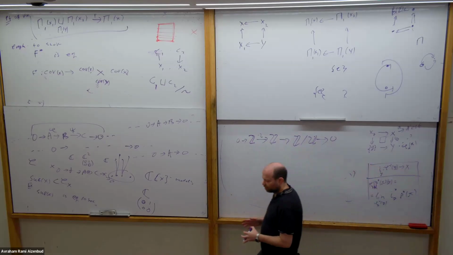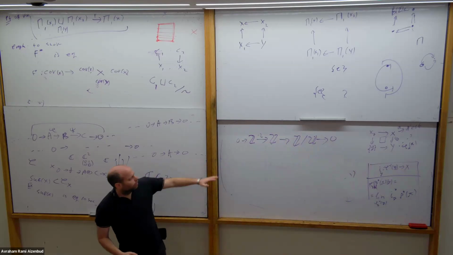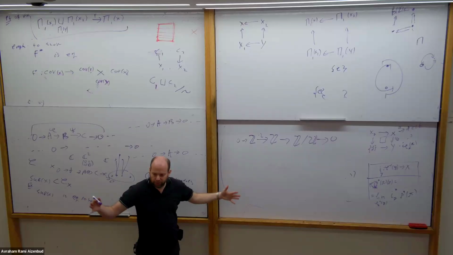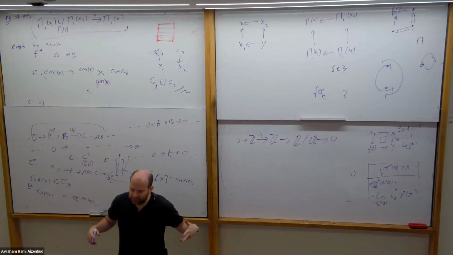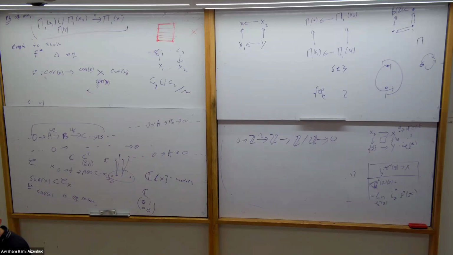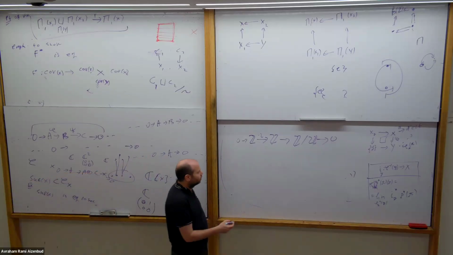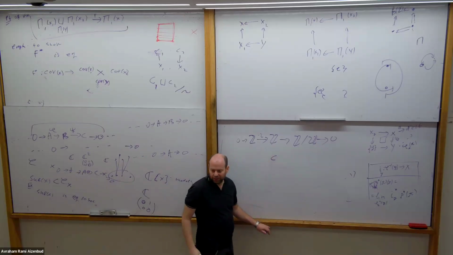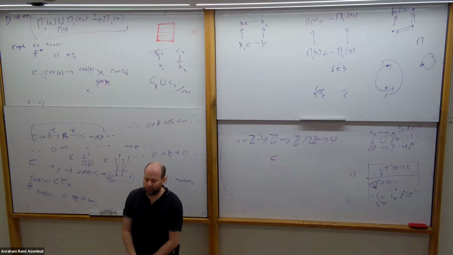And another example, which from some perspective is even simpler, because this is the category of abelian groups, which is nice and complicated because it's big, because there are infinite groups in there. So let's talk about the category of finite abelian groups. In the category of finite abelian groups, basically the same example, or the simplest example that you can think of, is an extension which is not a direct sum.